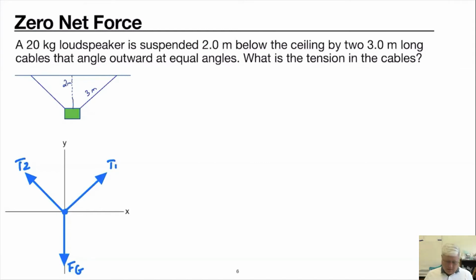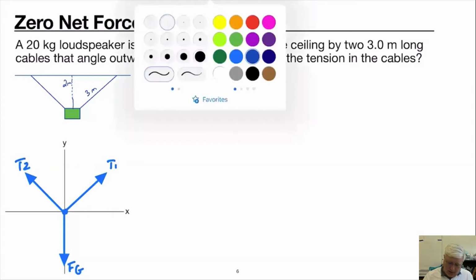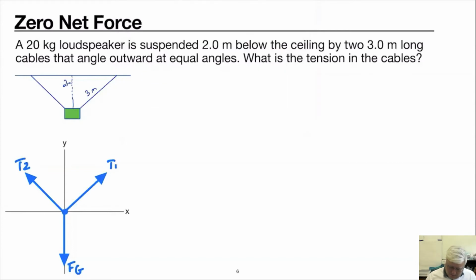components. So, well, when we look at this, we see that gravity is only along the y-axis, so that's easy. But T1 and T2 are going to have both x and y components. Okay, so let's break those up and have an x component of T1. So we call it maybe T1x, an x component of T2, call it T2x.